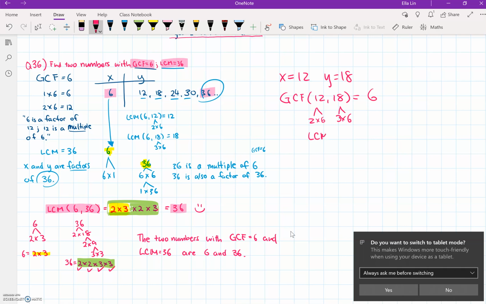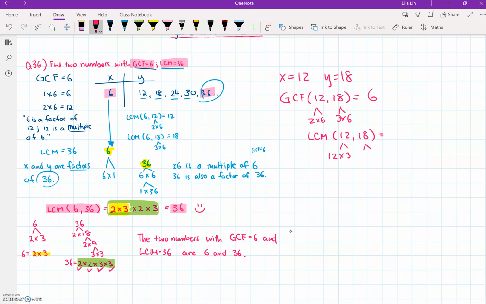And the least common multiple of these two numbers is also 36. Right? So I can do 12 times 3 and 18 times 2. This is the smallest number that they are both factors of, basically. Okay, so least common multiple of the two is also 36.